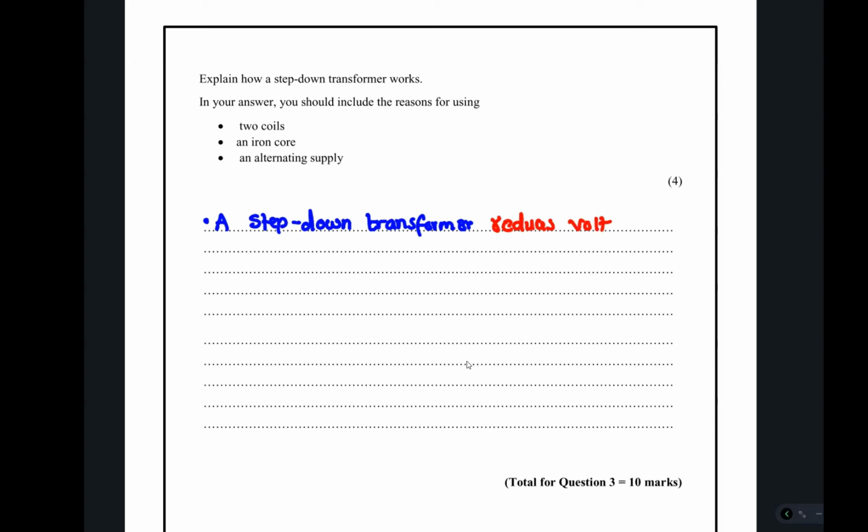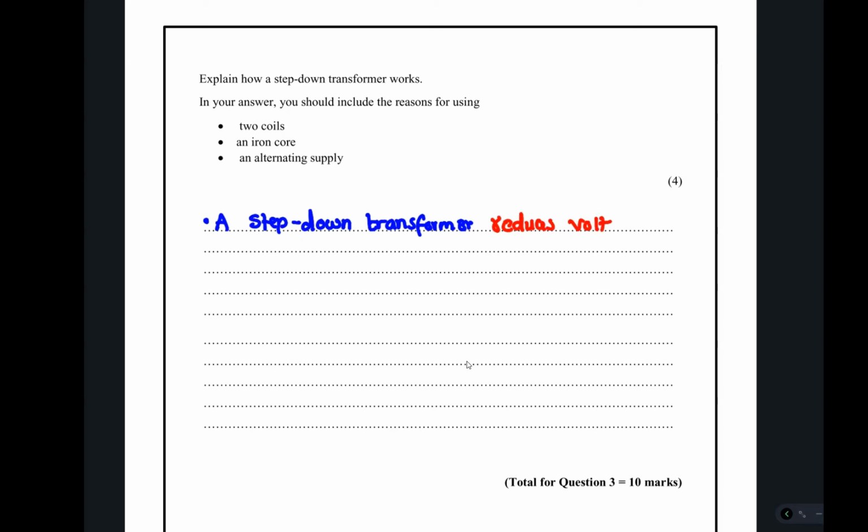When we are talking about a step-down transformer and a step-up transformer, they have distinctions in terms of the number of turns. So a step-down transformer reduces voltage, and when alternating current flows through the primary coil, magnetic fields, which are constantly changing directions, are created. And these created magnetic fields are linked to the secondary coil by the soft iron core.